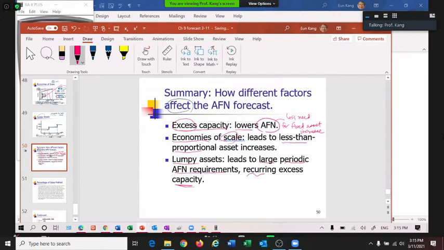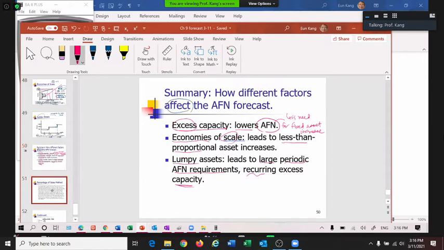So excess capacity is, in some sense, a norm, because they just use current fixed assets to generate sales. But if they need more, then what? They usually build a big factory for the future. Then they have excess capacity again. If you think about it, it totally makes sense.